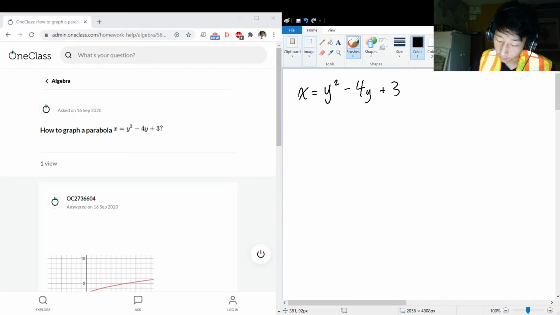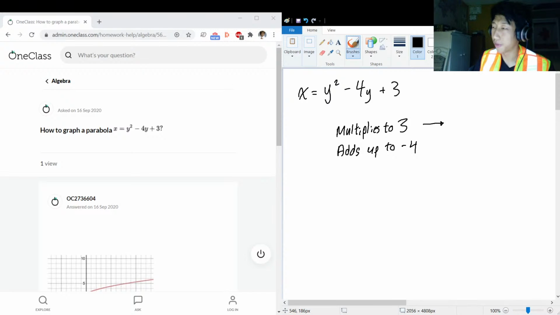So now we're looking for a pair of numbers that multiplies to 3 and adds up to negative 4. 3 is a prime number, so there are really only 2 possibilities: 3 and 1, or negative 3 times negative 1, because those will both give positive 3.